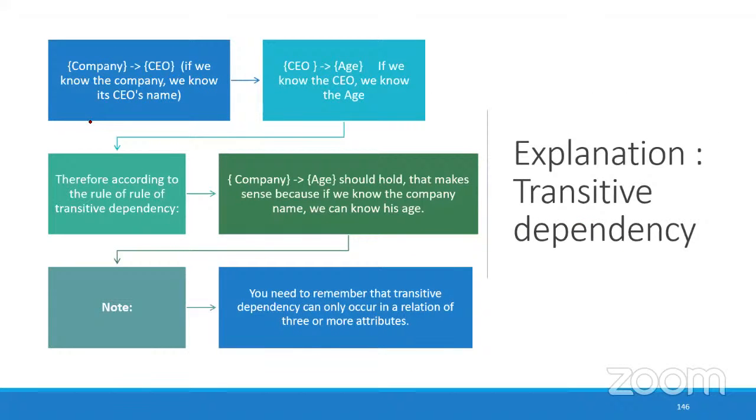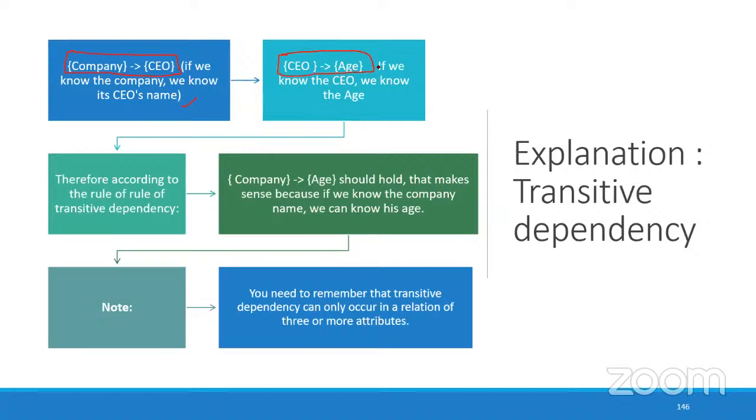Here I give an explanation. Company to CEO: if you know the company, we know the CEO's name. CEO to age: this is functional dependency one, like A to B. Similarly, company to CEO, and again CEO to age is another functional dependency.